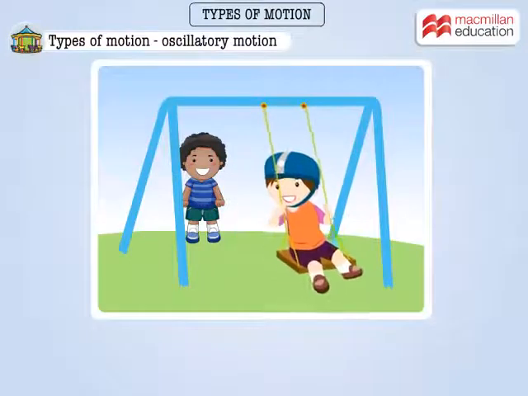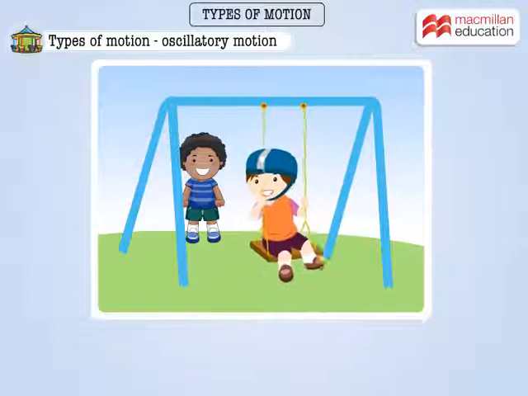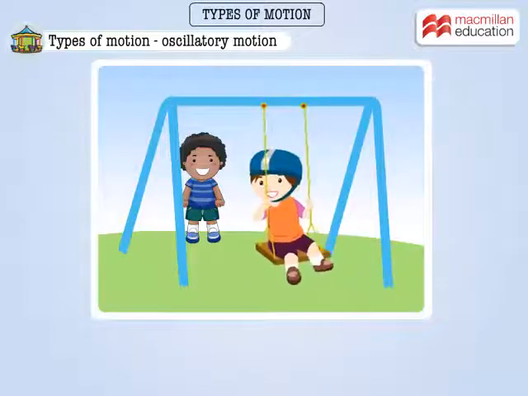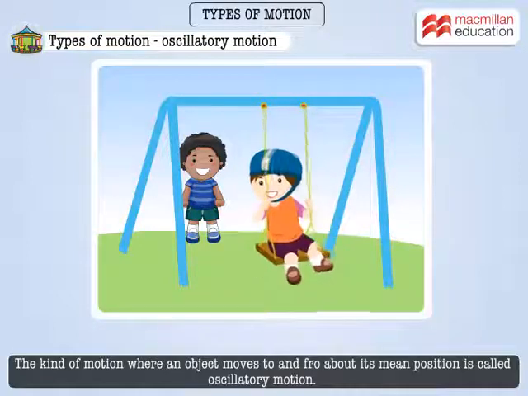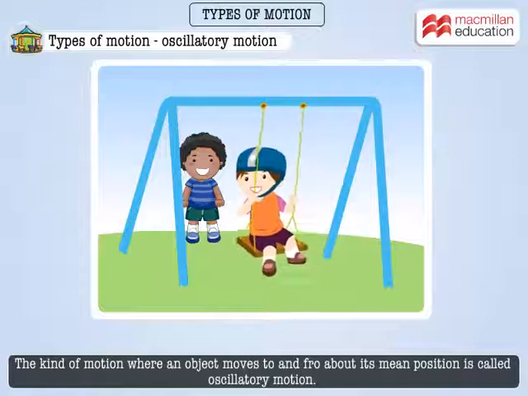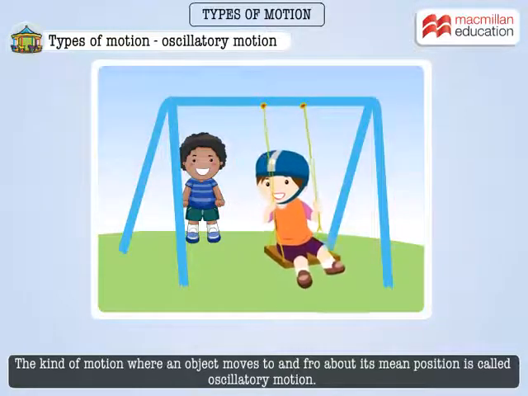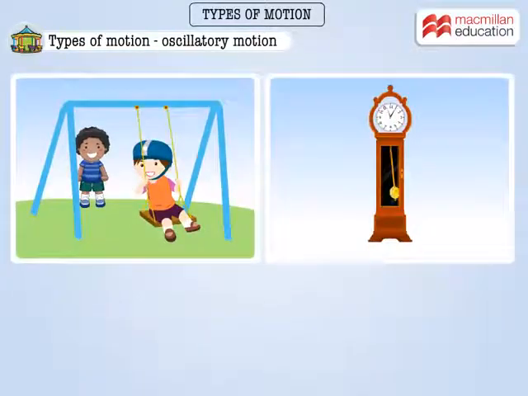Children playing on a swing at the park move to and fro about a fixed position, also called mean position. This kind of motion, where an object moves to and fro about its mean position, is called oscillatory motion. The movement of a pendulum of a clock is another example of oscillatory motion.